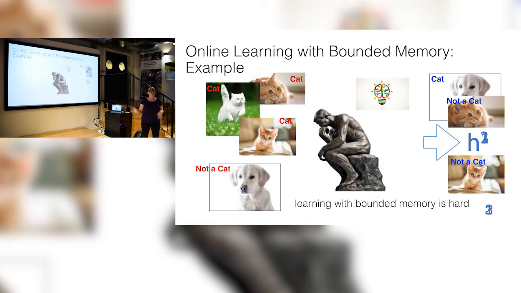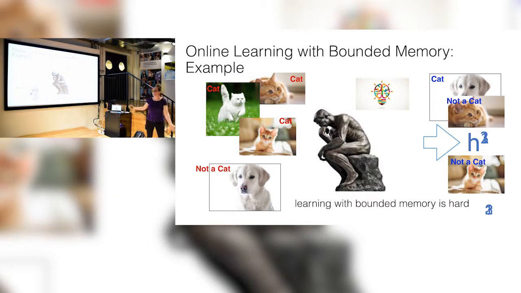We can't remember all the examples that we've seen. So now, when we want to give some new hypothesis, we need to do it without looking at all the examples. And this can be much harder.